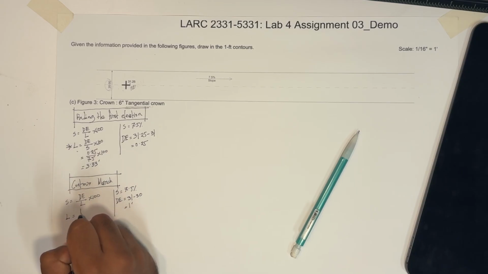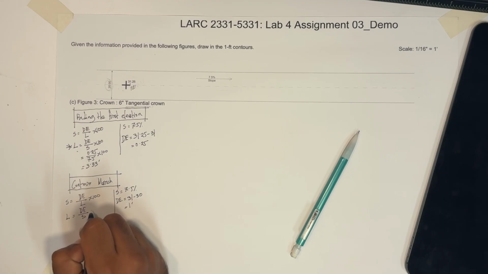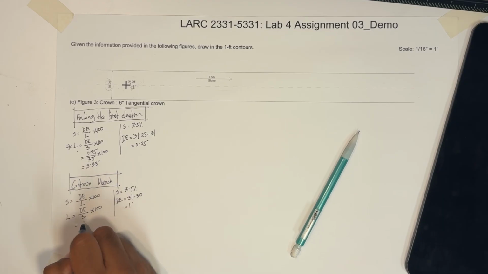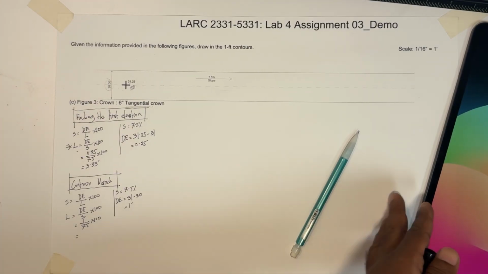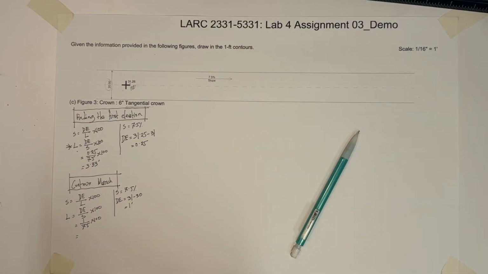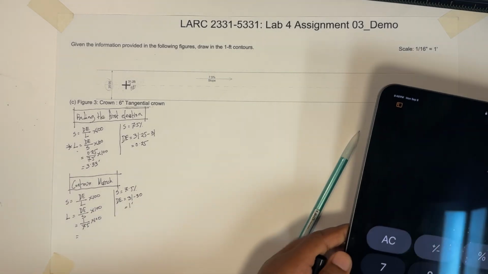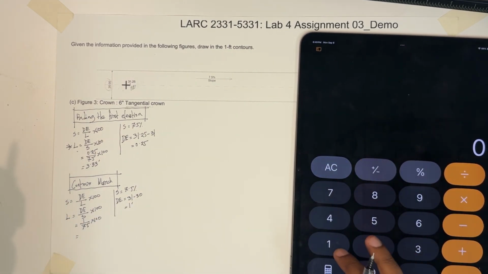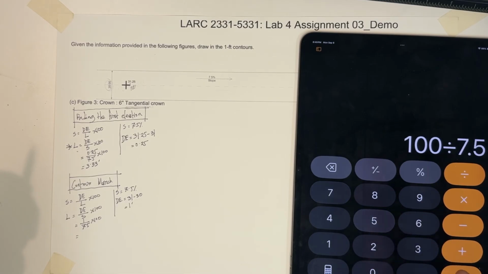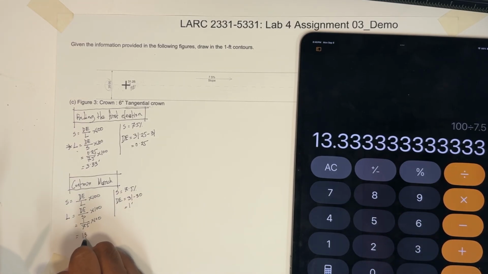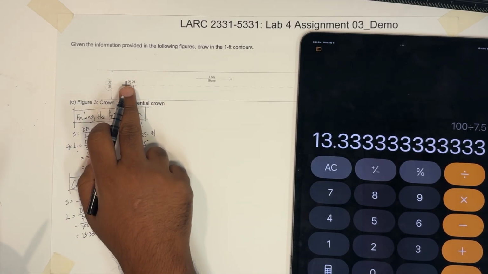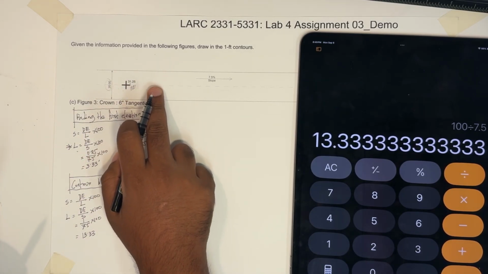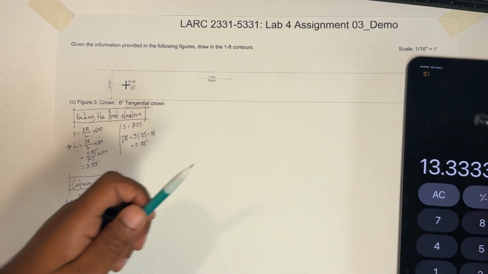Therefore, L equals dE divided by S into 100, which makes it 1 divided by 7.5 into 100. Let's calculate for that. It is 13.33. So from here, 13.33 feet, we will have our next full 1 feet interval elevation point.